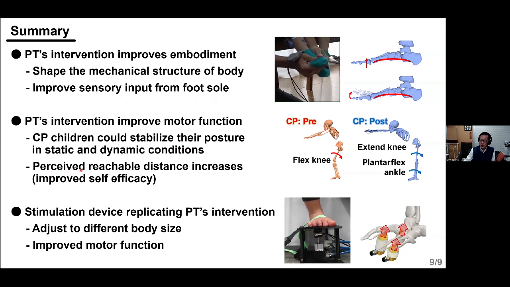Also, their perceived reachable distance increased, which means improved self-efficacy. We also show the development of a stimulation device replicating PT's intervention, and it can adjust to different body sizes and could improve motor functions. And that's all from me.